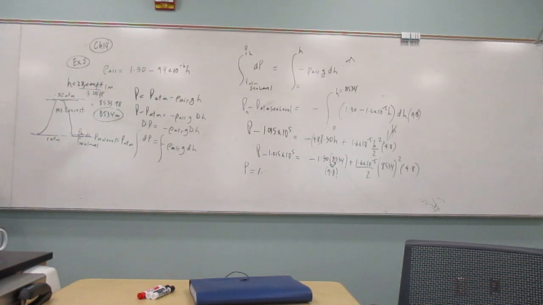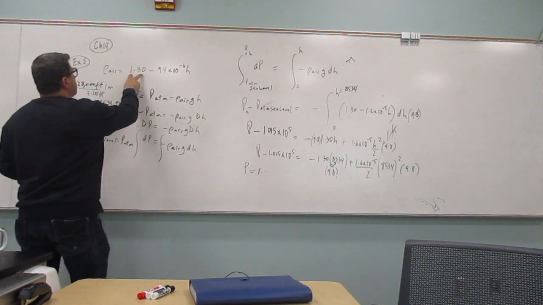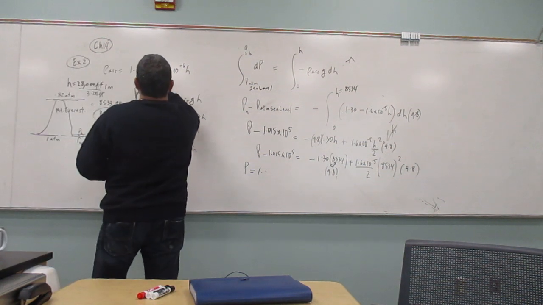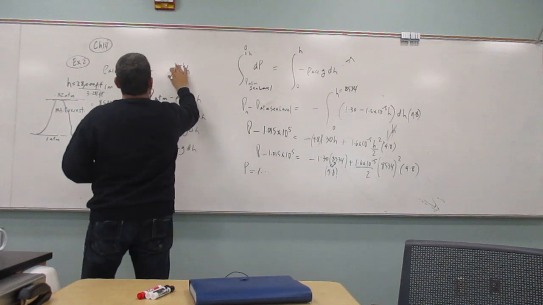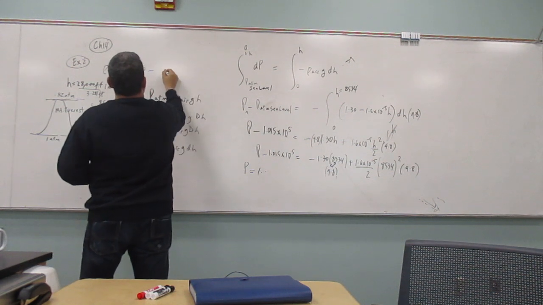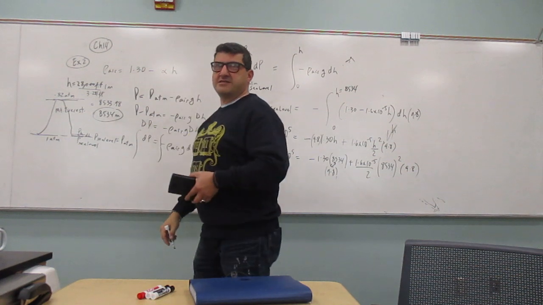Now, can I work backwards? The problem can say the density decreases linearly, 1.30 minus alpha h.